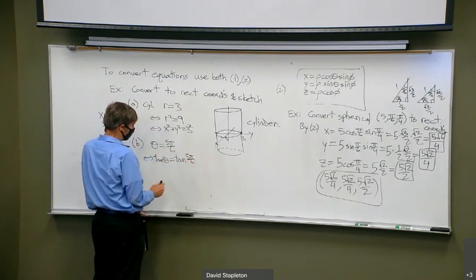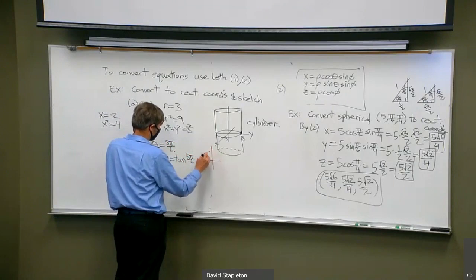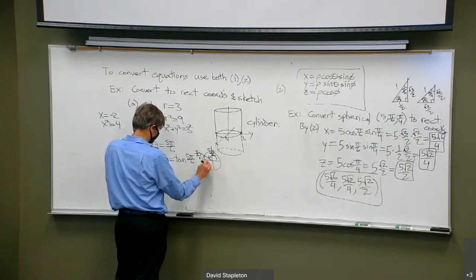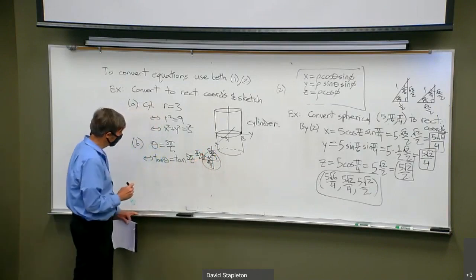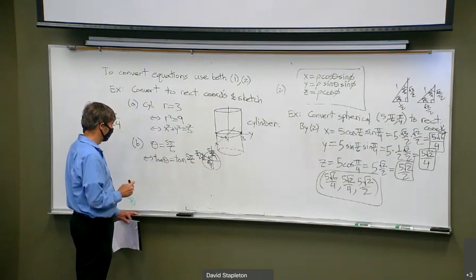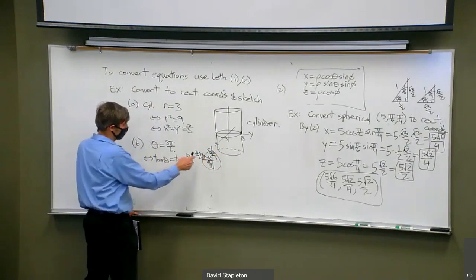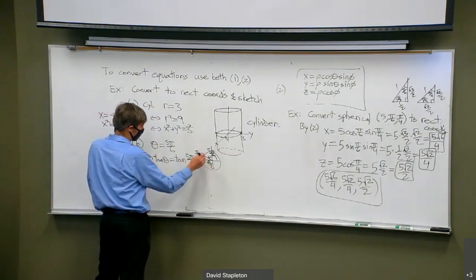But what's tangent 5 pi over 6? You can run to the unit circle again and say, well, there's 5 pi over 6. The reference angle is pi over 6, a 30, 60, 90 triangle. This side is square root 3 over 2. This side is half. And so the tangent is y over x.